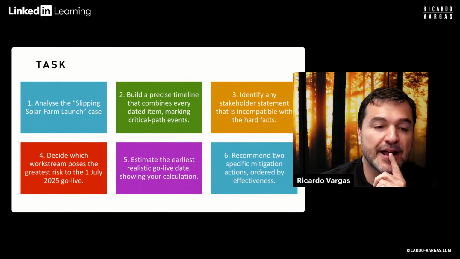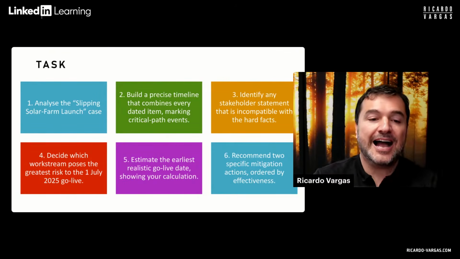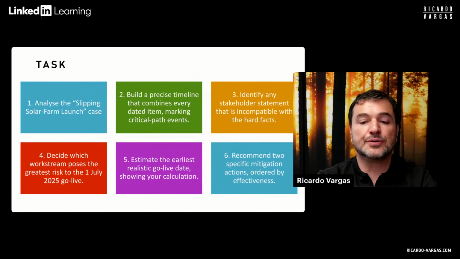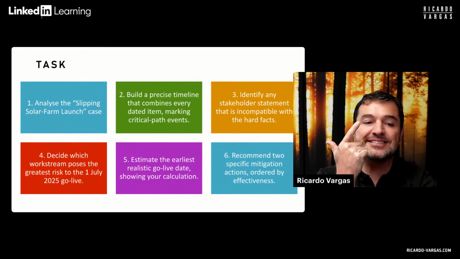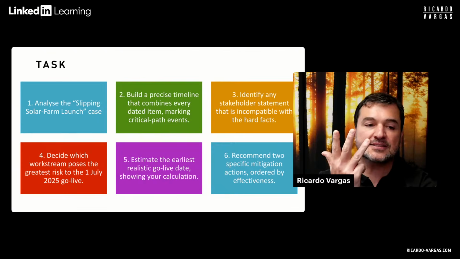Then, dear friends, I need ChatGPT o3 to do 6 things for me. Analyze the case. Build a timeline that combines every dated item, marking critical path events. Identify any stakeholder statement that is incompatible with the hard facts.